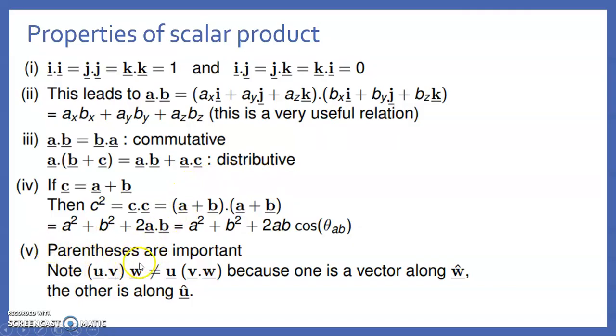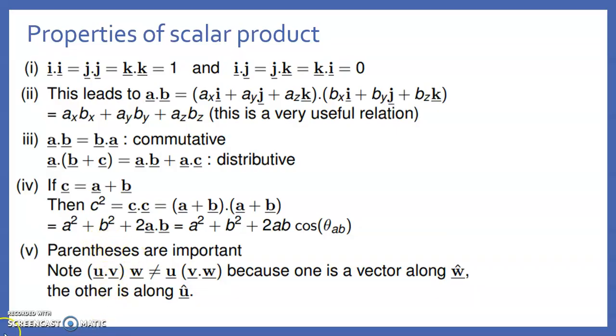And the fifth is an important property, because here (U dot V) W vector will not be equal to U vector (V dot W). When you take the dot product between U and V, you get a scalar quantity. This scalar is multiplied with a vector, so your answer will be a vector quantity.